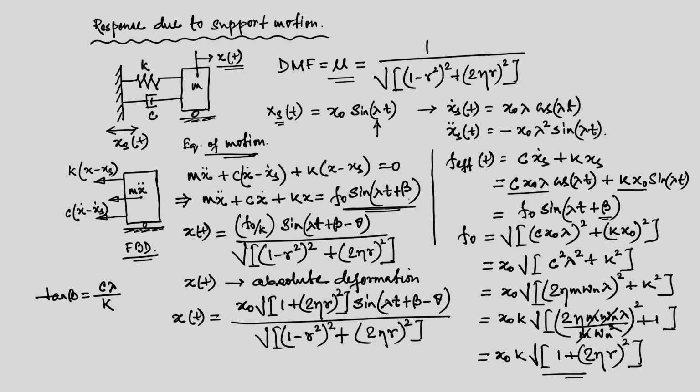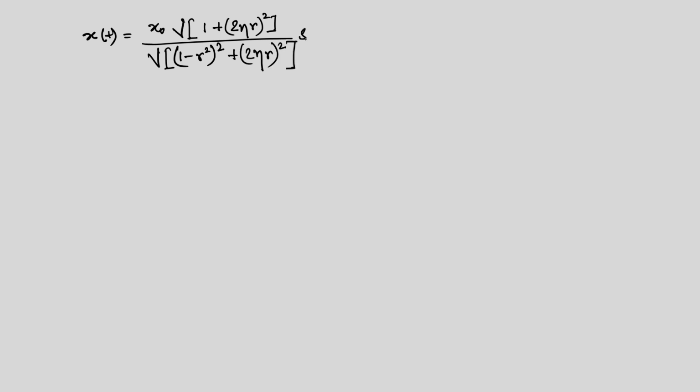Now, if we further consider the expression, what we have for x of t, let me just write it down and then I will explain. X naught, square root of 1 plus (2 eta r) whole square, divided by square root of (1 - r square) whole square plus (2 eta r) whole square, times sin(lambda t + beta - theta).